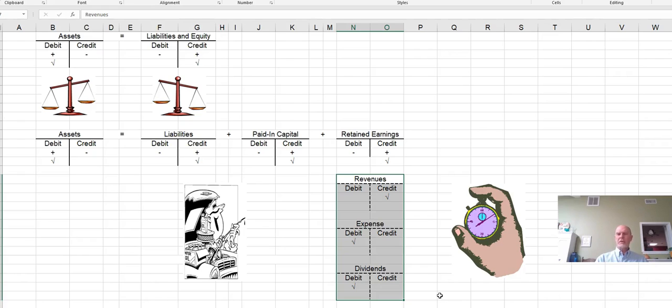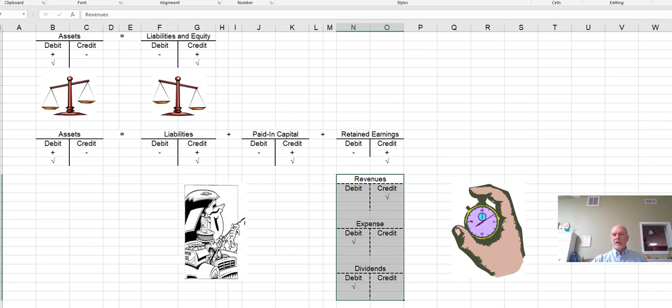The reason we do it is it makes it easier to make the income statement and the statement of retained earnings. But after we've done that, when we get to the end of the period, it's kind of like a stopwatch. You always have to set the stopwatch back to zero before you start the next race. And that's what we want to do with these temporary accounts. Set them back to zero and we're ready for the next year.